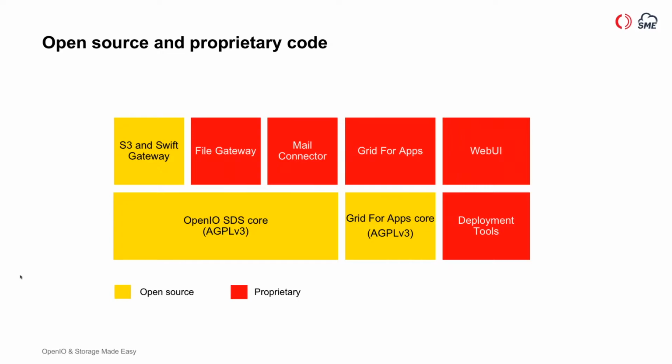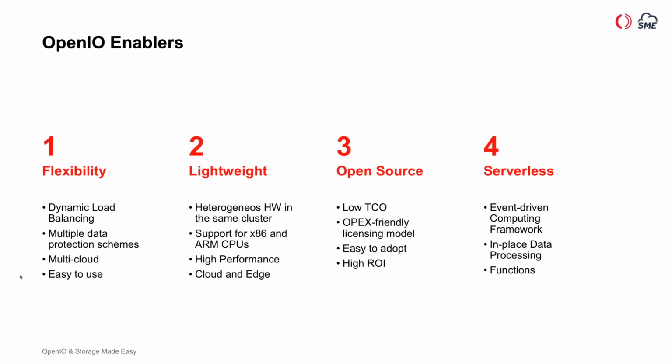On top of it, we have several connectors that allow us to serve additional workloads. There are some email connectors, an enterprise version of Grid for Apps, and a web user interface, and they come with an additional subscription.